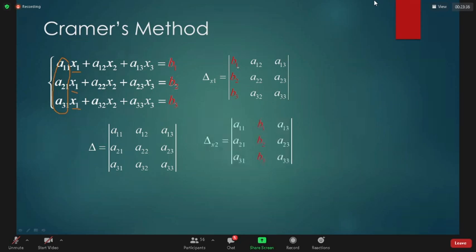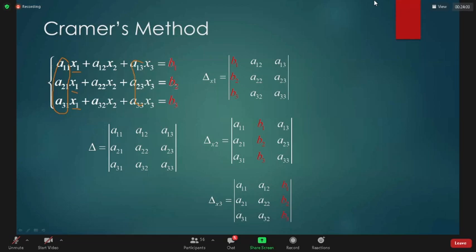In the determinant for the second unknown, x2, we replace only the elements of that column by the red column, by the three elements. And to find the third unknown, we again take the system determinant, but this time we replace the coefficients of the third element by the free column, the right column.